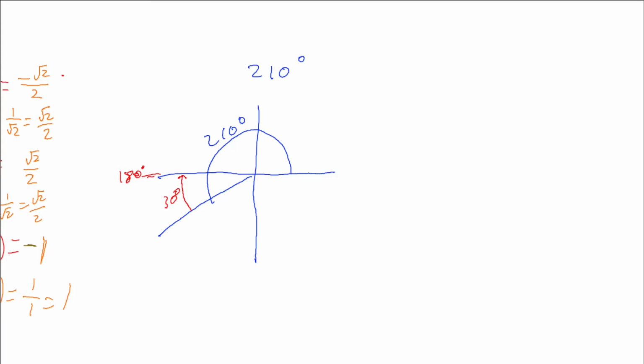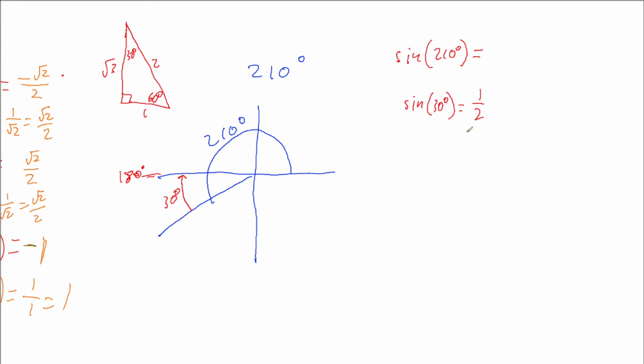So if I want to work out the sine of 210 degrees, I'm really wanting to look at, to get my exact value, the sine of 30 degrees. So if I go to my other helpful right angle triangle, which is 30 degrees up there, 60 degrees down here, 1, 2, root 3, I can calculate the sine of 30 degrees, because sine is opposite over hypotenuse, which is going to be 1 over 2.